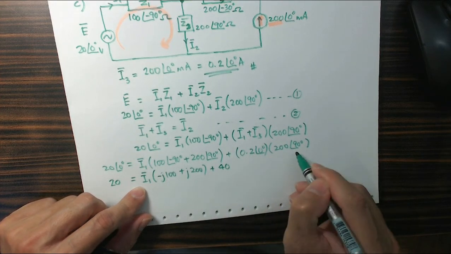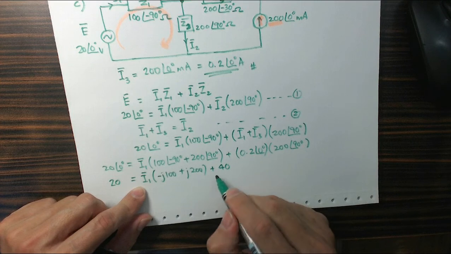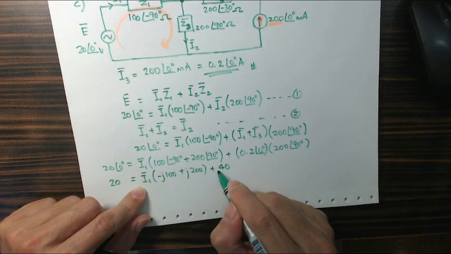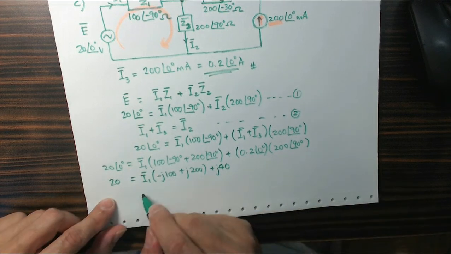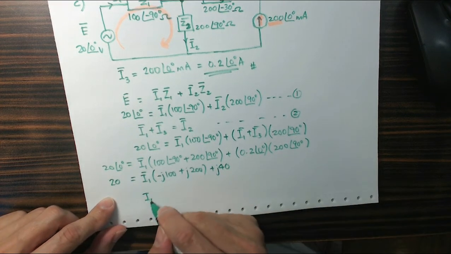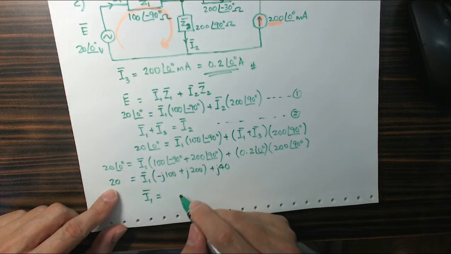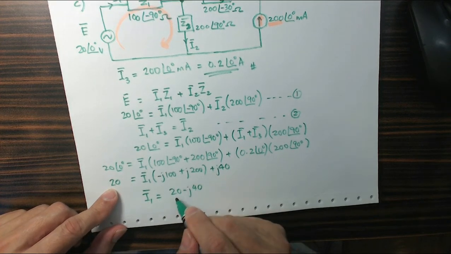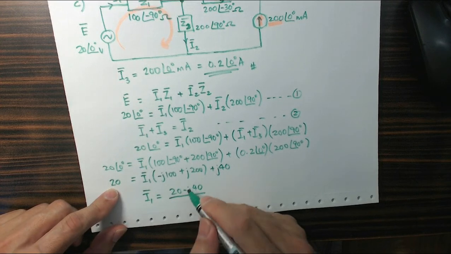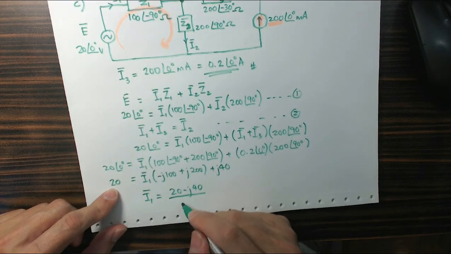Now angle 90 degrees is just j. Right, so rearrange the formula. I will get I1 is just 20 minus j40 divided by j100.